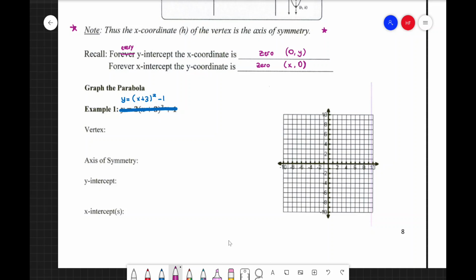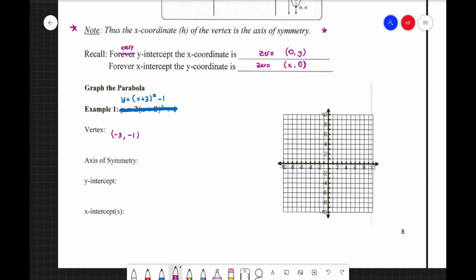Alright, so I did make a tiny edit just now to the first example because it was going to give us complex roots and we don't want to deal with that right now. So I changed the problem to be (x + 3) all squared minus 1. So the vertex is (h, k), so opposite of the inside, and then the end as it is.